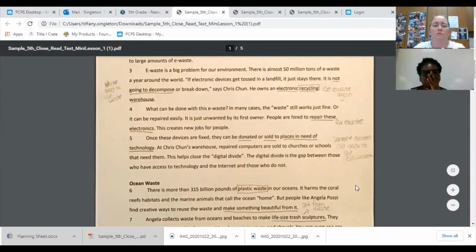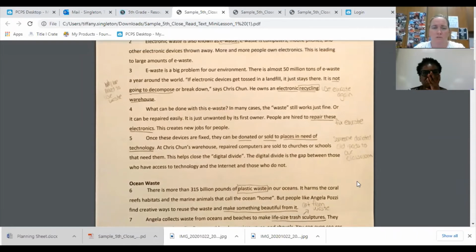They can also add elaboration to it. So maybe they notice where it's talking about donations, and they can think, oh, you know what, we had some things donated to our classroom. So that's where we're adding more than just what the text says. And they can add that right in the margins.